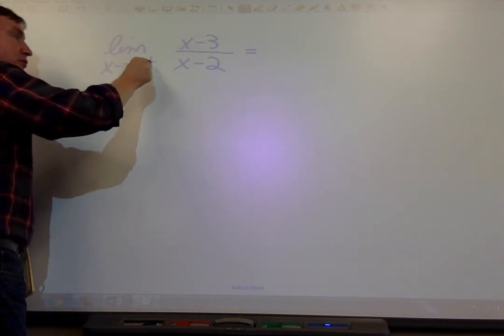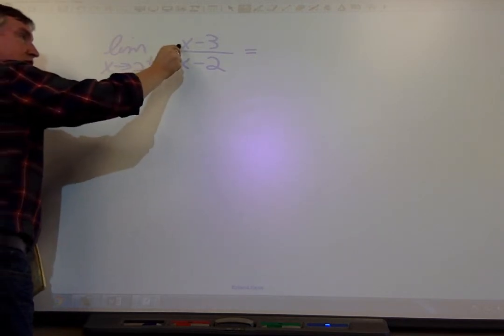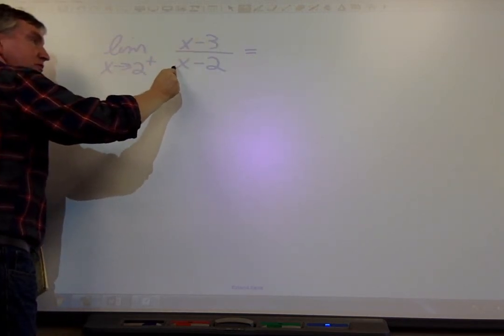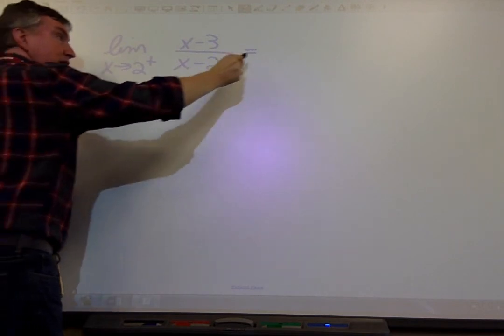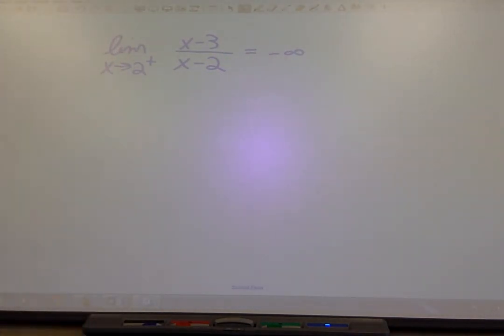If I put in a number a little to the right of 2, like 2.01, that would be a negative over a positive, wouldn't it? Would that go to negative infinity? Yeah. Would you agree? Okay.